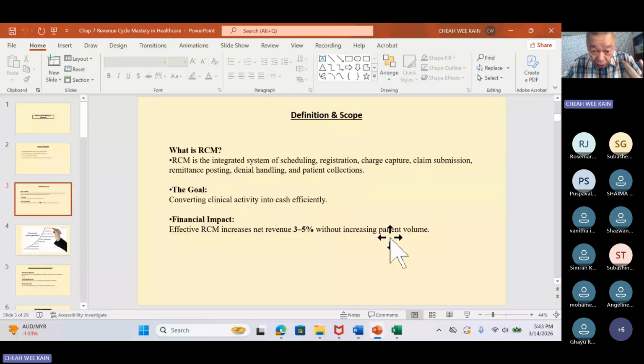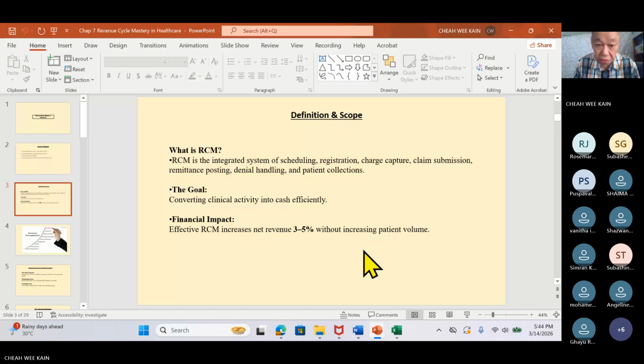If your department, most likely the collecting money one, the accounts department, is very effective, compared with one department not effective, the difference is 3 to 5% of your sales amount. Some procedure you never bill, money gone.